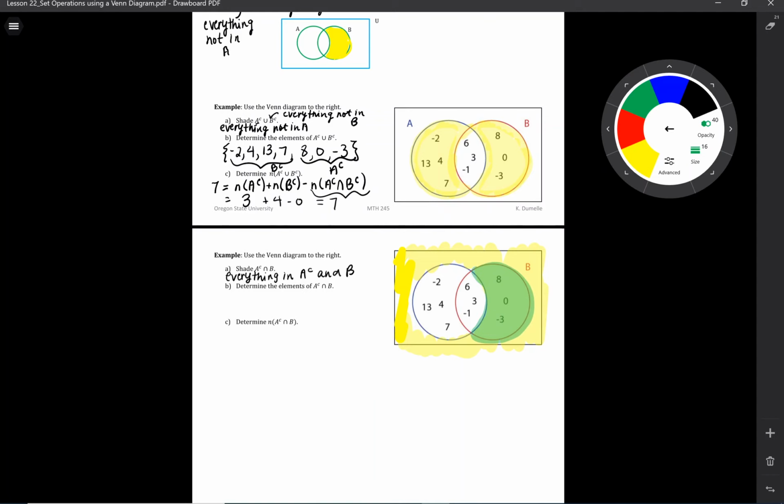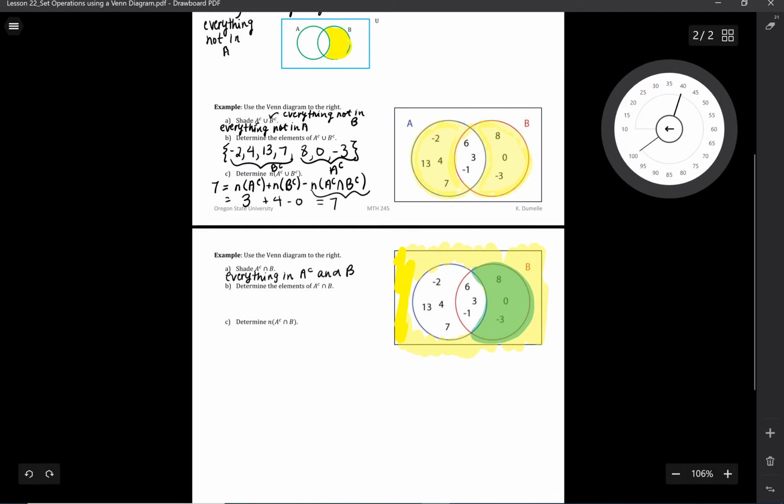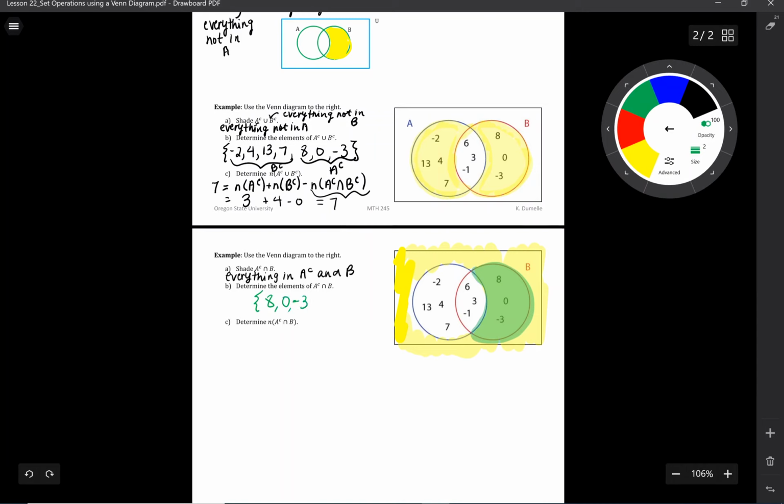Okay. Determine the elements in A complement intersect B. Well, here I can list them out pretty easily. It is 8, 0, -3. And to determine n of A complement intersect B, this is 3.